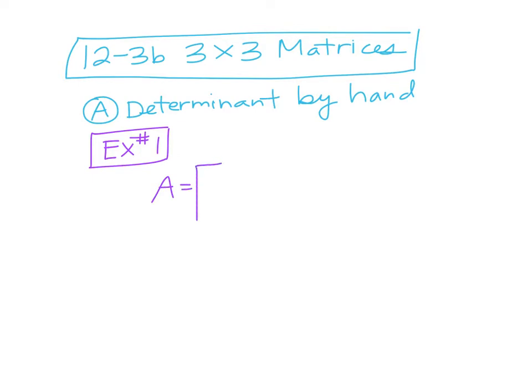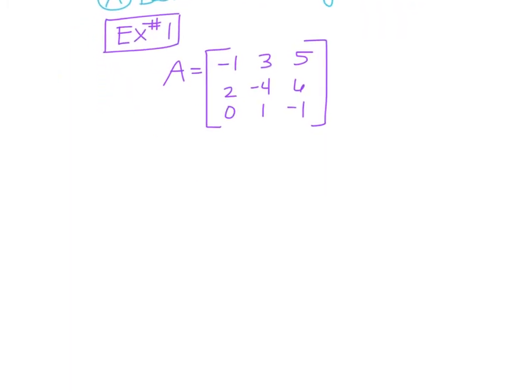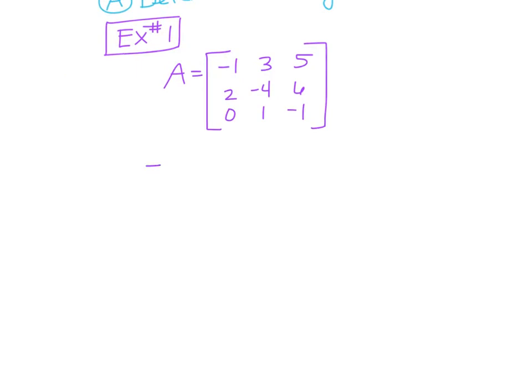If you are given a matrix, a 3x3, so -1, 3, 5, 2, -4, 6, and 0, 1, -1. Okay, this is our matrix. When we're going to find the determinant by hand, what you do is you rewrite this without the brackets. So -1, 3, 5, 2, -4, 6, and 0, 1, -1.